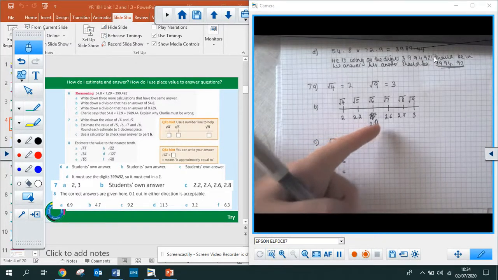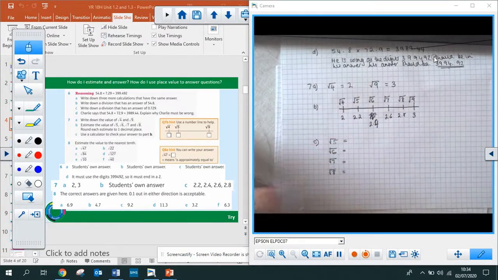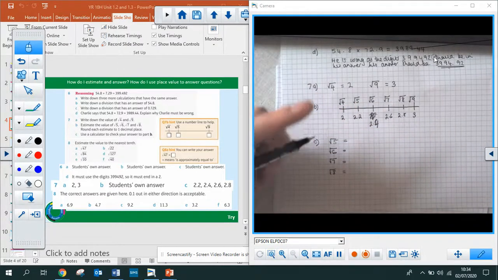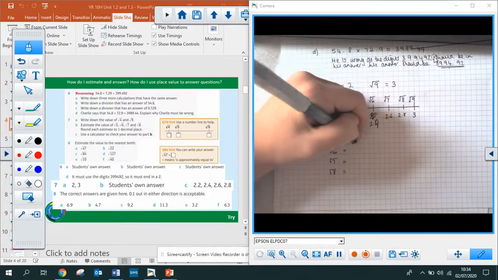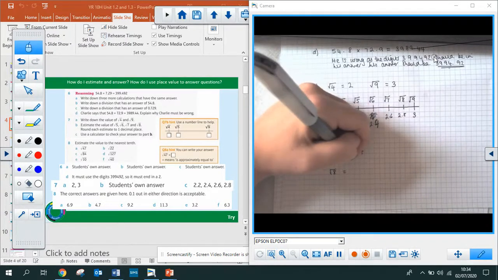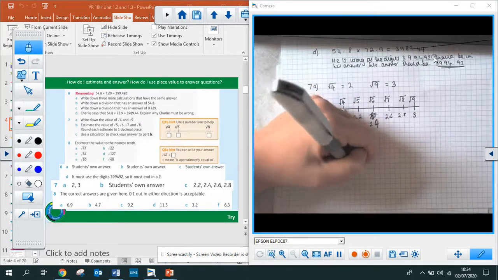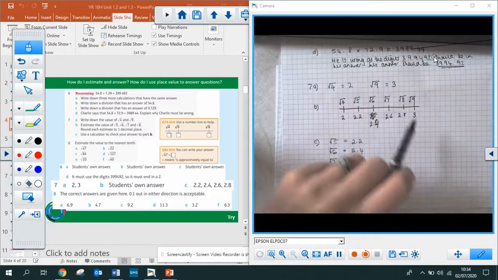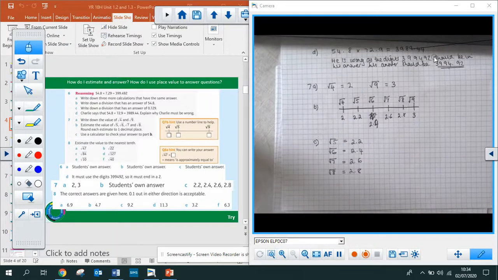My estimates were pretty much correct in one decimal place. There wouldn't be a one decimal place answer though. So roughly my answers were okay. If you did one decimal place either side, it's fine. We were just estimating, trying to use what we knew to help us get some kind of solution there.